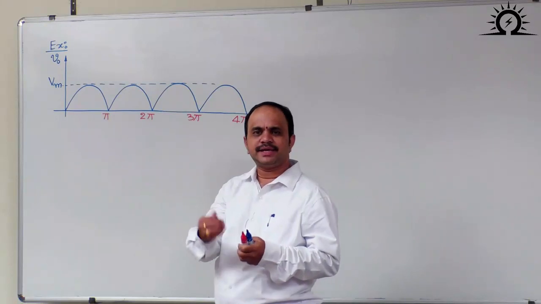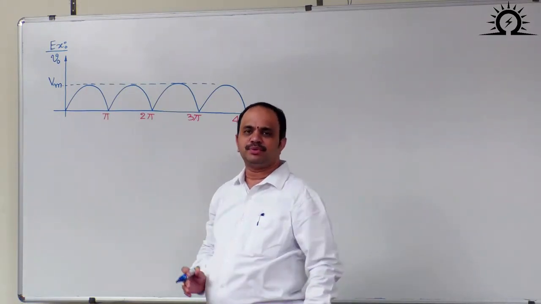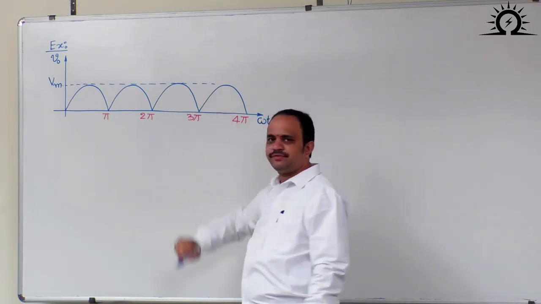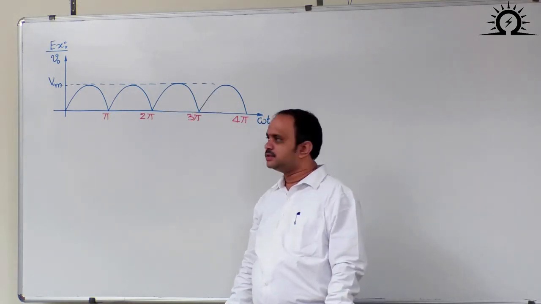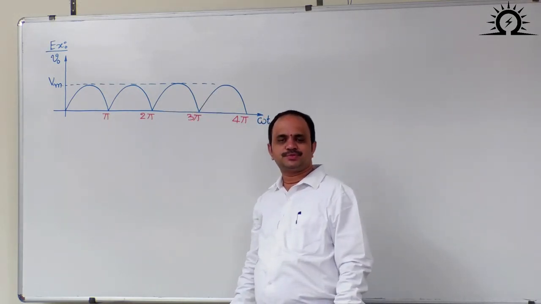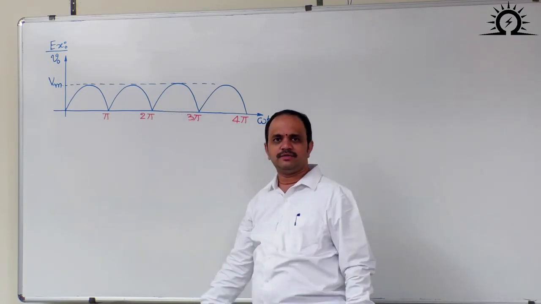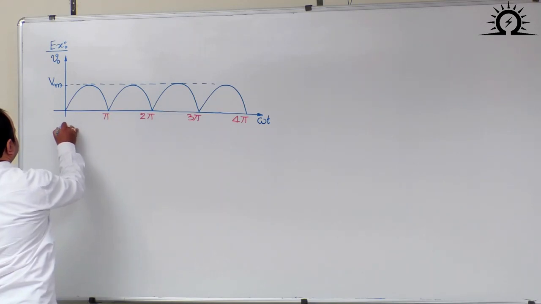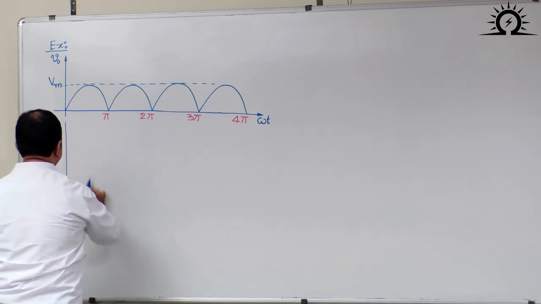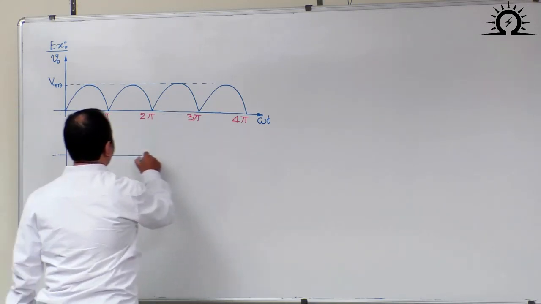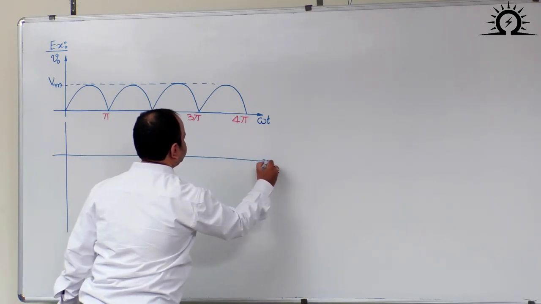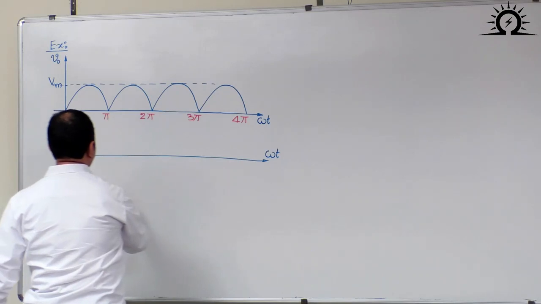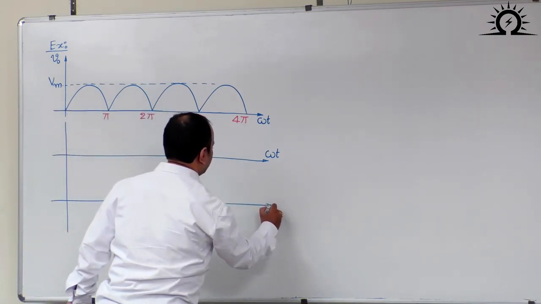Now let us extend our previous example a little more. Now here consider this waveform. Here also the objective is to find the Fourier series expression for this particular waveform. Now observe carefully, there is one important concept. We can treat this particular waveform as two portions.